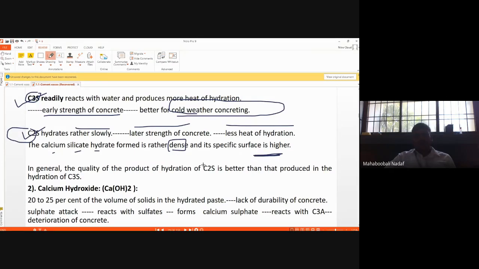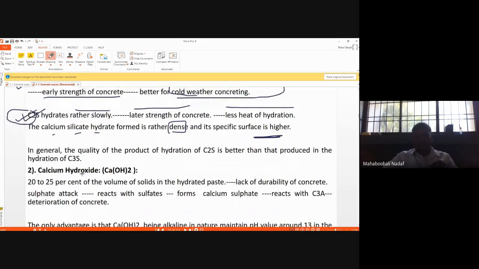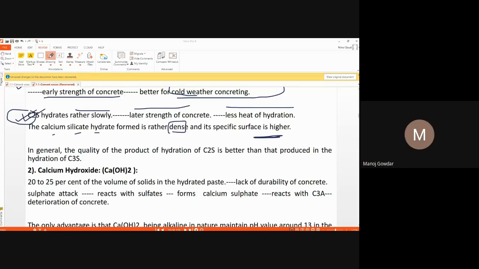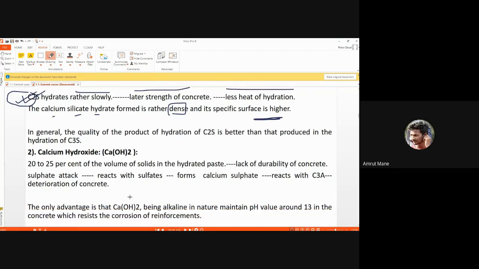C3S is also good, no issues, but compared to C3S, this is better. Now, am I audible? Yes, sir. Okay.